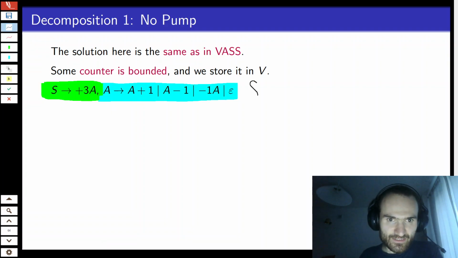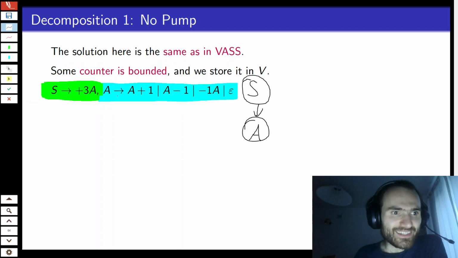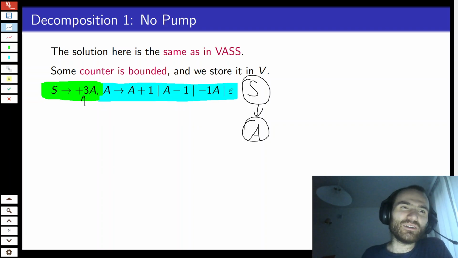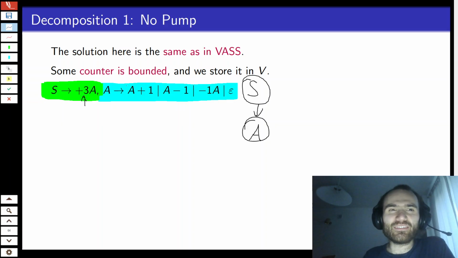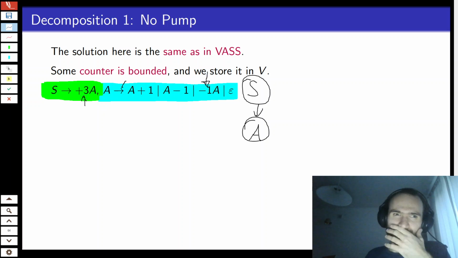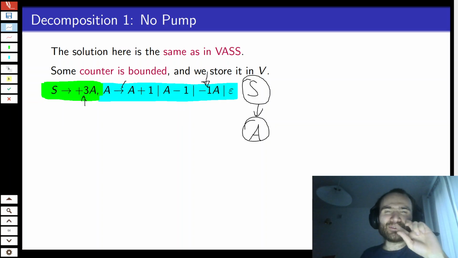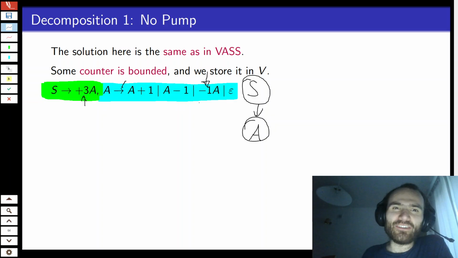You have first S, and then below it you have A. In this case, you will start the SCC A with a value 3, but in SCC A on the left-hand side you cannot change the counter. You cannot increase the counter on the left-hand side. The only thing that changes the counter on the left-hand side is this production. So because this is the only production that changes the counter on the left-hand side, the counter on the left-hand side is bounded.